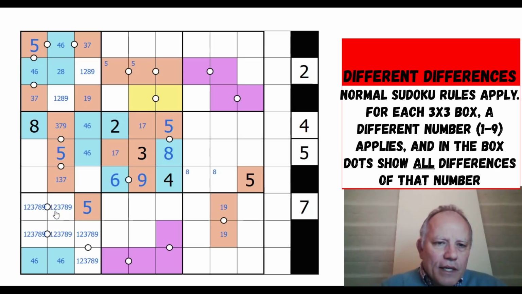What about down here? If this was 5, 7, 3... One of these would have to be 1 or 9.